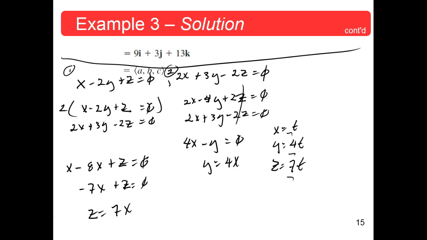So what was the question? Find the parametric equations. Oh, we found them. Those are the parametric equations of the line of intersection between these two planes.